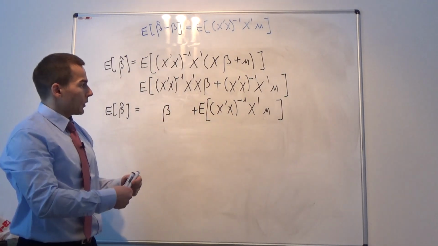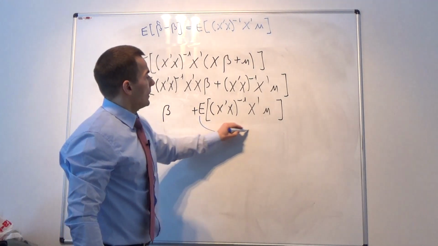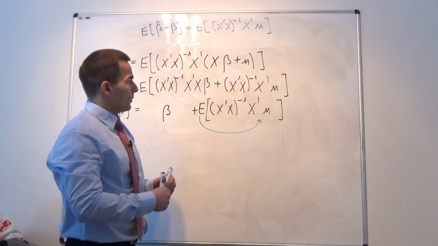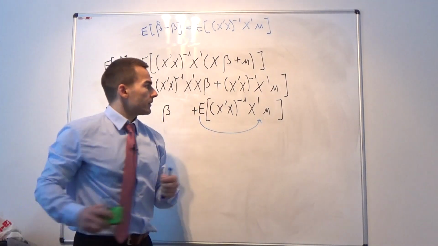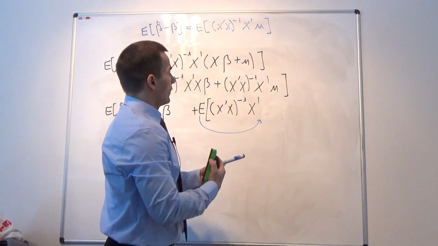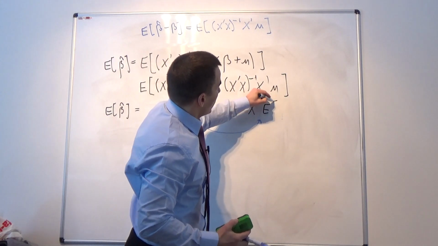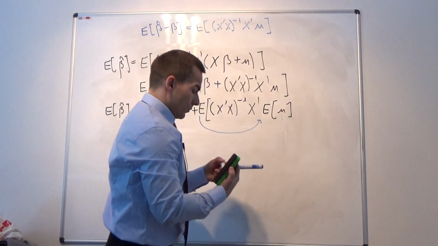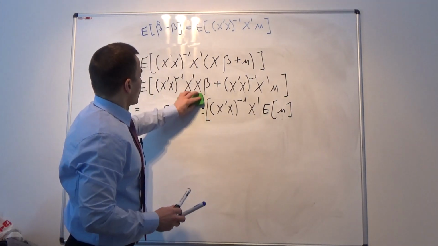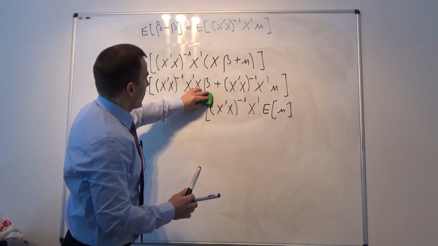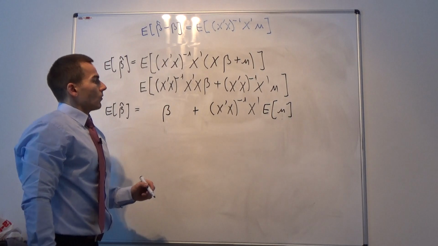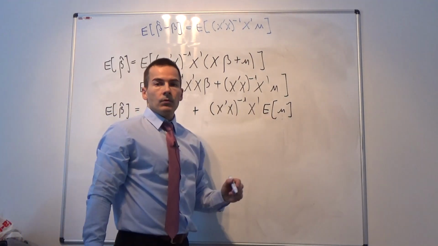So we can move the expectation operator before the u, and we get the expectation of u times this term.